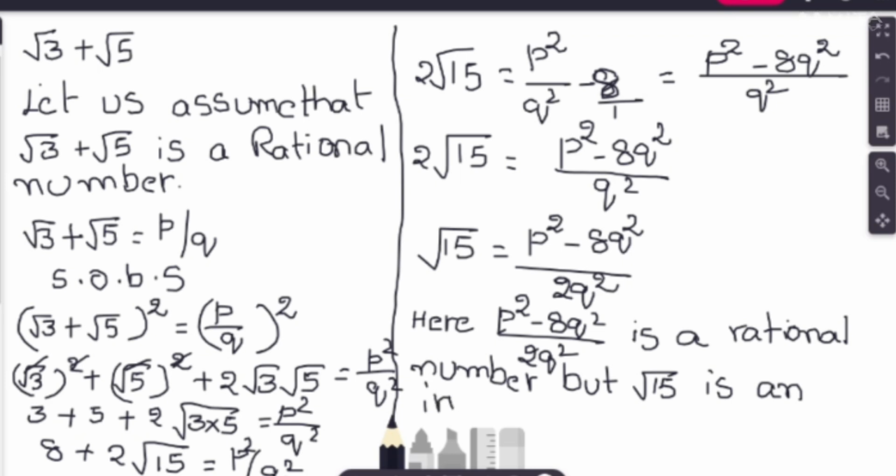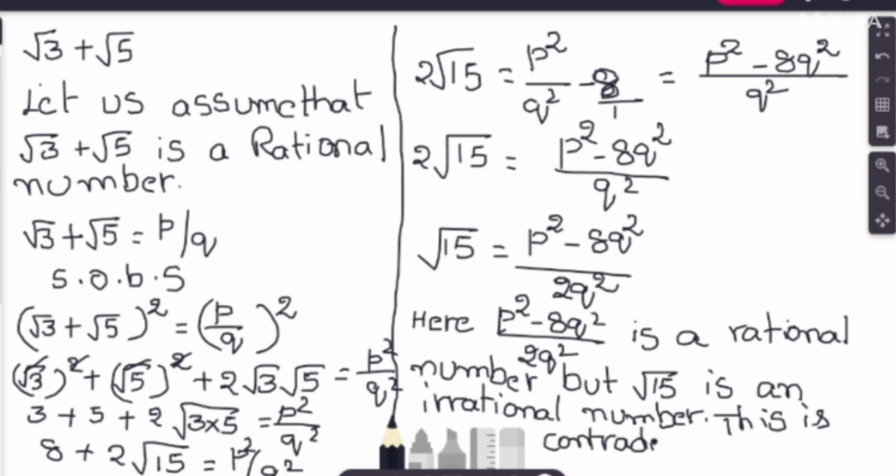This is a contradiction. Why has it arisen? Due to our assumption being wrong. What is our assumption? Our assumption that root 3 plus root 5 is a rational number is wrong. What is correct then? It is an irrational number. Hence proved.